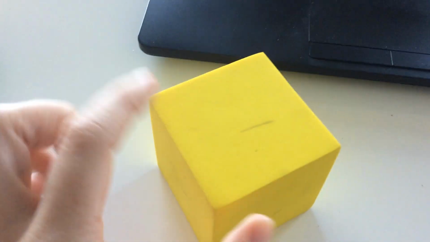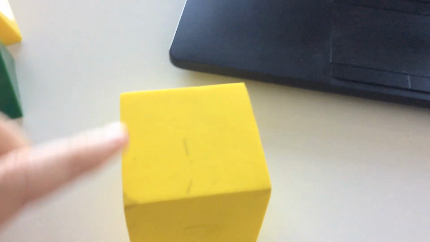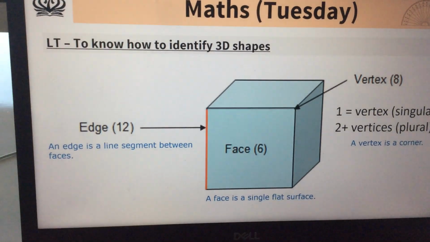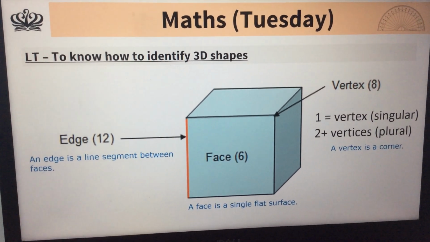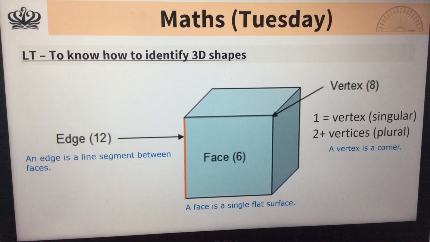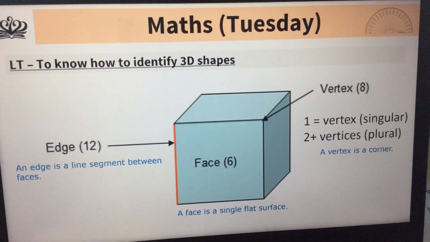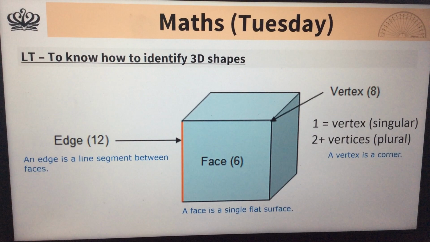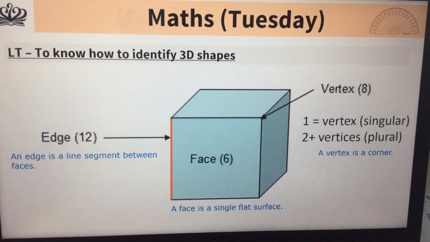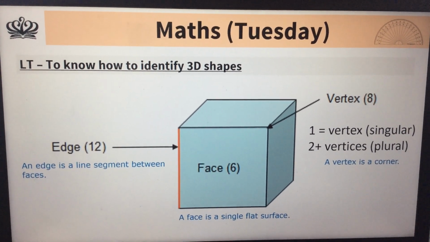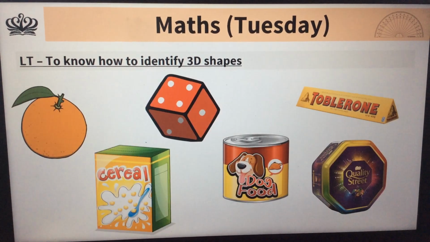So let's count: 1, 2, 3, 4, and on the other side, 5, 6, 7, 8. You might want to pause your video on this page while you're doing your work today. If you're forgetting what each property is, that's a nice diagram there. Make sure you're really confident with this part of the slide.